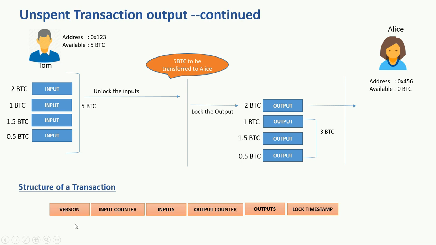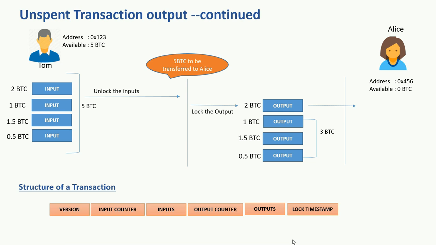It contains a version number, which is the software version you are using. Then the input counter, which I'll explain, inputs, outputs, and timestamp. The timestamp is the time at which you initiated the transaction. All those details go in as part of a transaction.